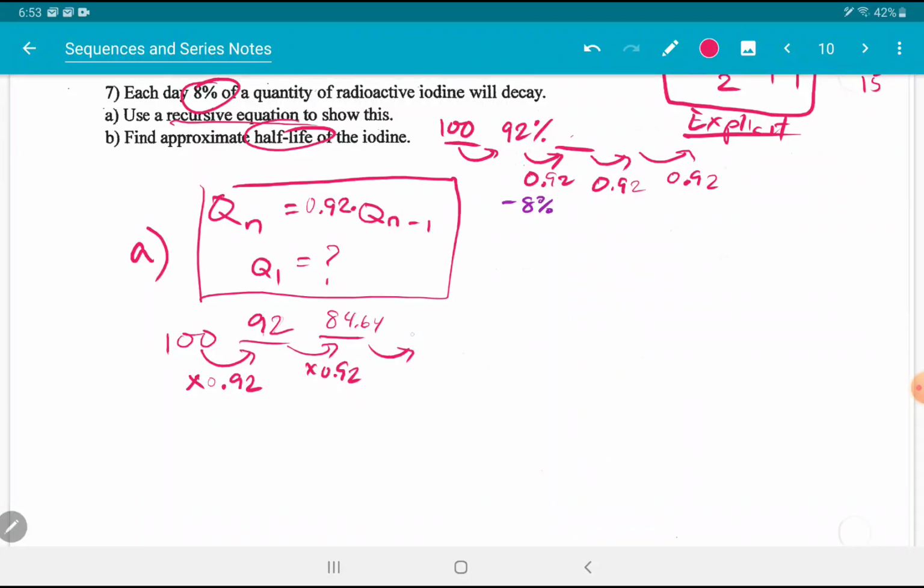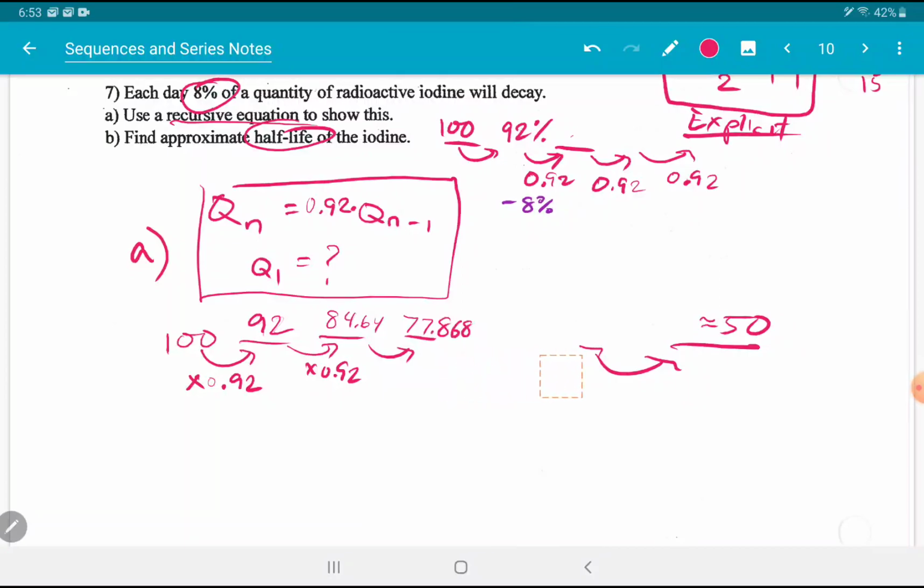The idea is, when we keep multiplying, how long will it take to get to half the amount? When do we get to about 50? We want to find that half-life. So let's multiply 84.64 times 0.92, and we get 77.868.